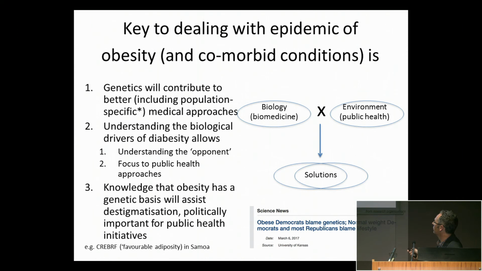And here, this is where I would really like to see more progress by the time I finish researching, which is not too far away, actually, time's going real quick. But to get more of a fusion between biomedical science and public health science. We really need to work together a lot more than we have in the past. And destigmatisation is important, and it's certainly been an important part of genetics in understanding gout.